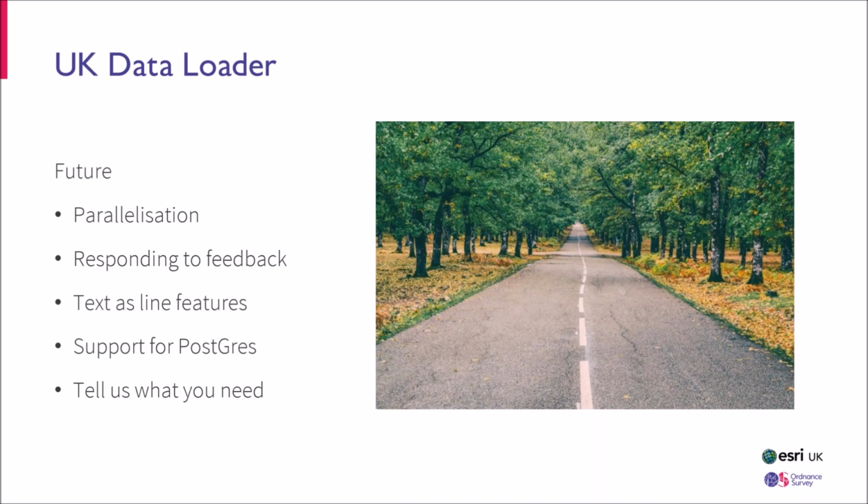Previously, Productivity Suite created a line feature class for the text, which allowed people to label the lines as opposed to labeling it around a point. We changed that in the UK Data Loader because we wanted to remain more true to how the data is actually delivered. So the labels and annotation are delivered as points with the rotation around those points.